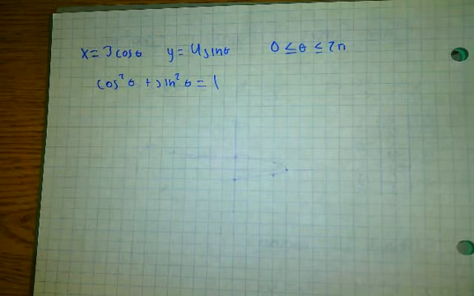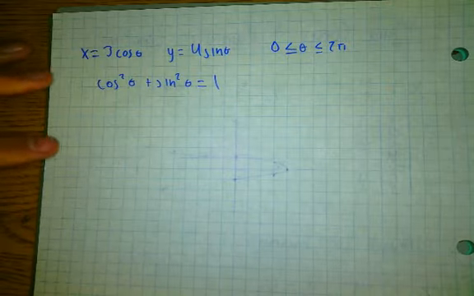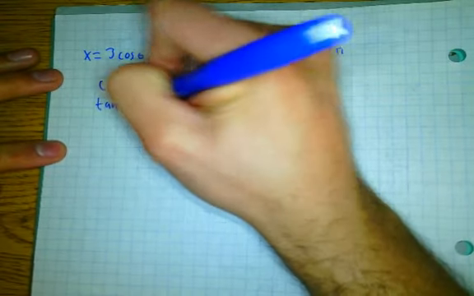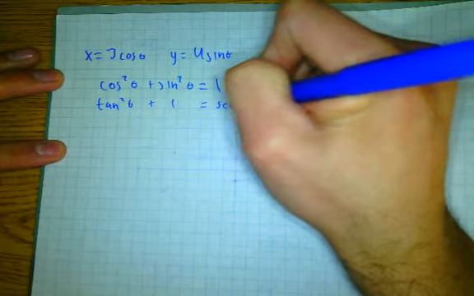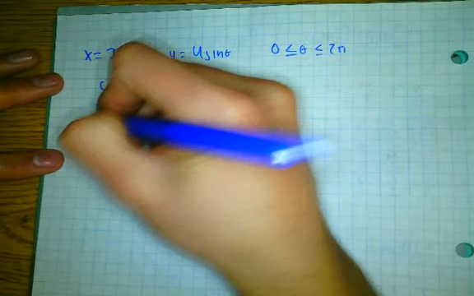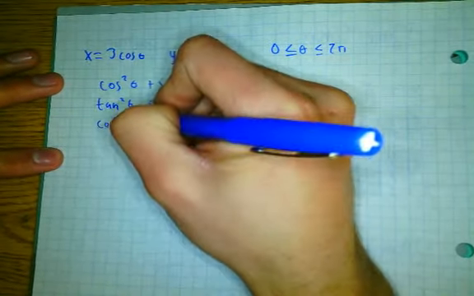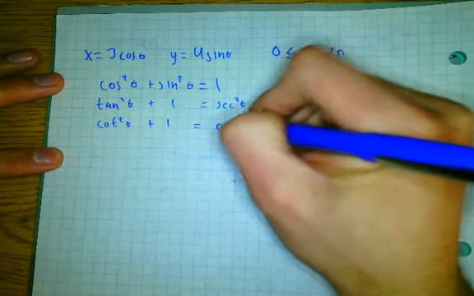And then there are variations of it. We have, remember, tangent squared theta plus 1 equals secant squared theta. We also have cotangent squared theta plus 1 equals cosecant squared theta.